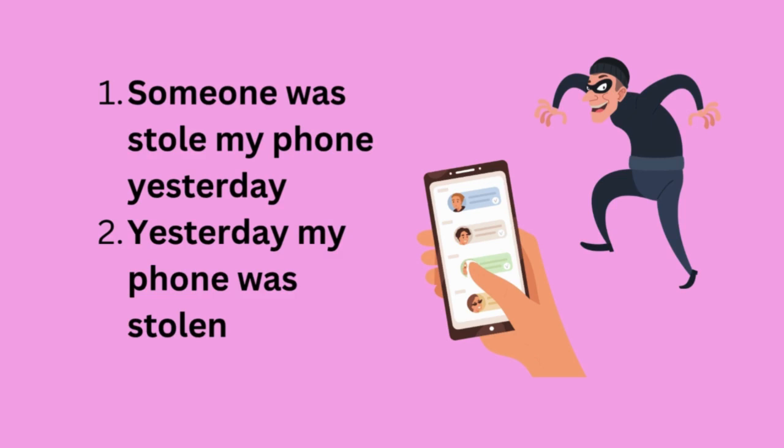Exactly, the second one, because besides the sentence using to be and verb 3, the focus is on the phone. So in the second sentence, the word someone has disappeared, but the meaning is complete. Even without someone, you can understand the meaning of the sentence.